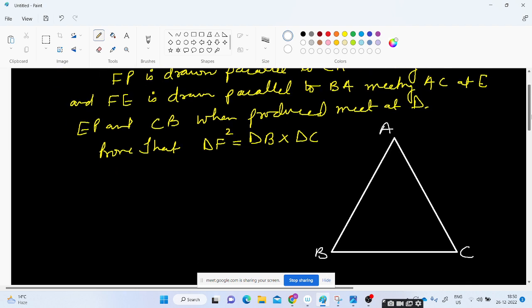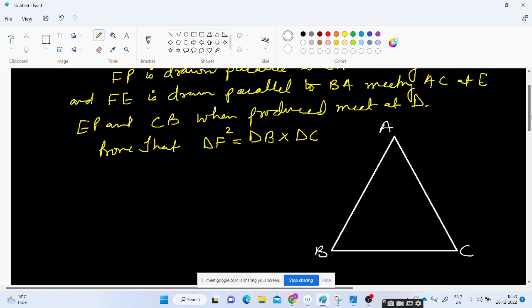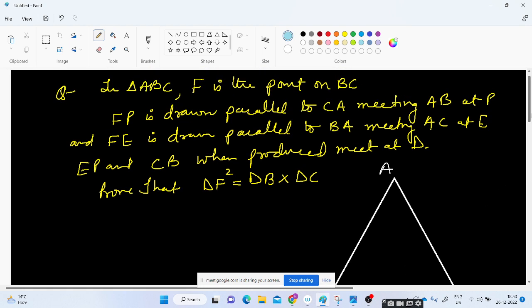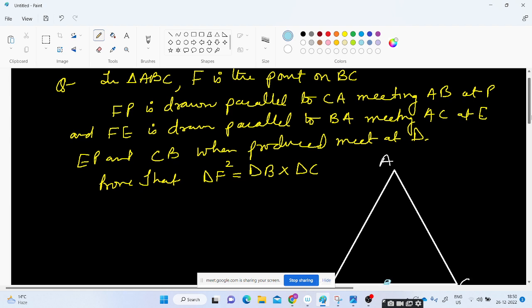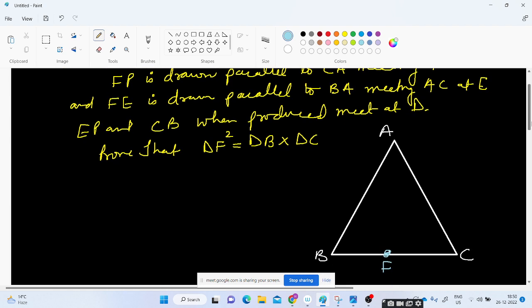F is the point on BC. So F is one point on BC, take any point F here. FP is drawn parallel to CA.